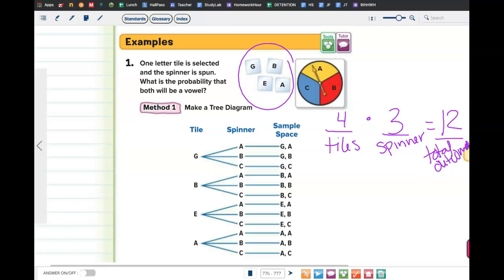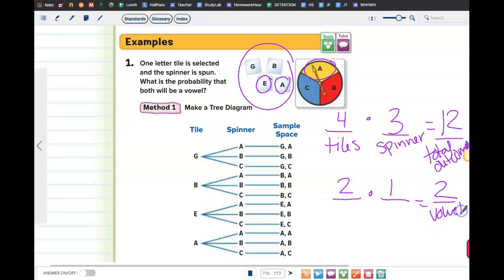Now we have to think, how many options do I have in my tiles that are vowels? Well, E and A. So I have 2. Times, how many options do you have on your spinner that are vowels? I only have 1, A. So 2 times 1 is 2.